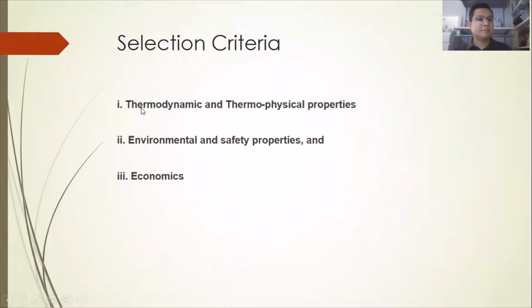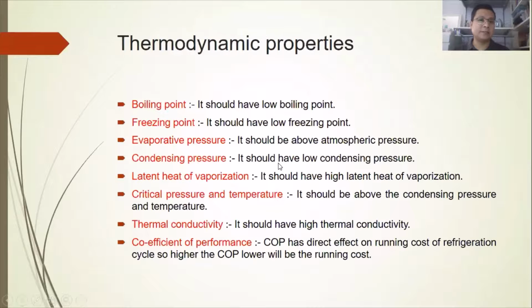Selection criteria are based on the thermodynamic and thermophysical properties, environmental and safety properties, and the last one is economic. For thermodynamic properties, the parameters are: boiling point, freezing point, evaporation pressure, condensing pressure, latent heat of evaporation, critical pressure and temperature, thermal conductivity, and the coefficient of performance. For boiling point, it should be low.